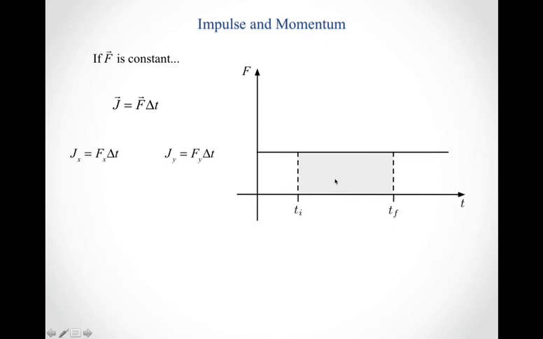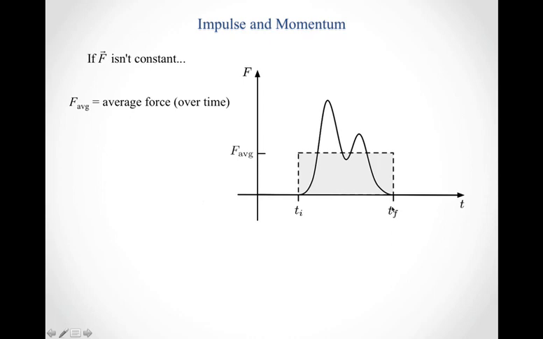You'll notice that in this case, the impulse is just the area under the curve, and since the force value doesn't change, this just means I have the area inside this rectangle that's bound on the right and the left by the initial and final time, the time interval that I'm interested in. Well, what if I have a complicated force?